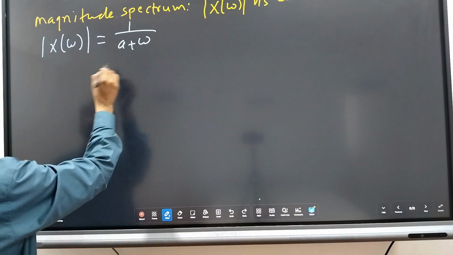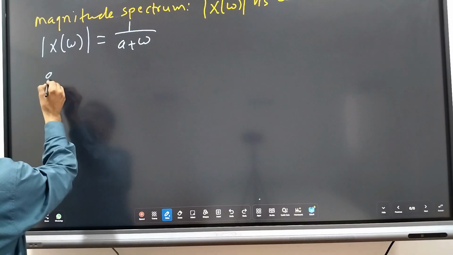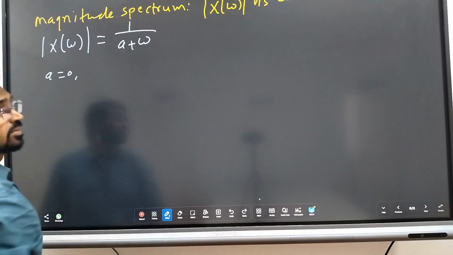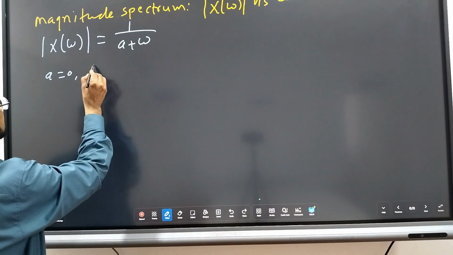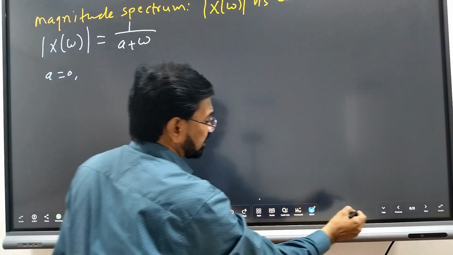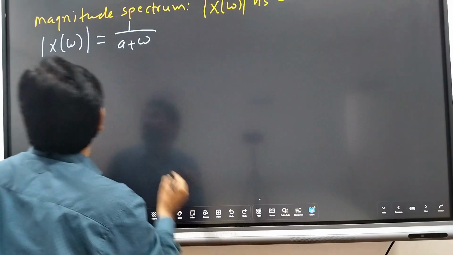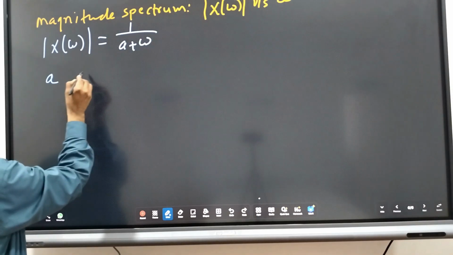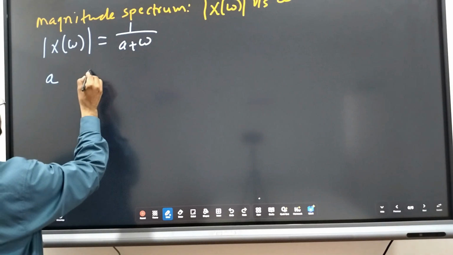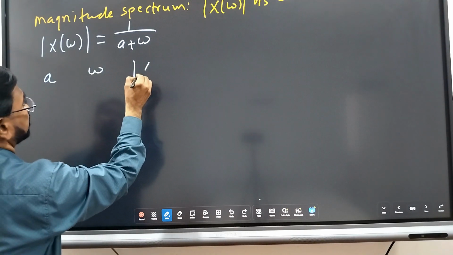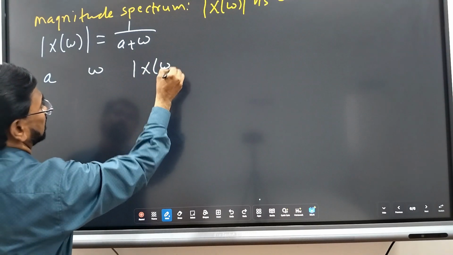Now let us take a equal to 0. What will happen? We'll write it a different way: the value of a, the value of omega, and the value of X of omega.